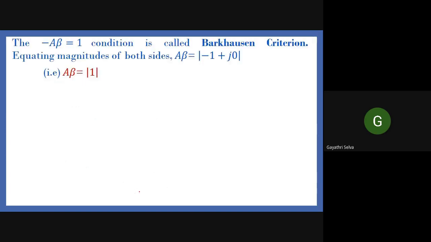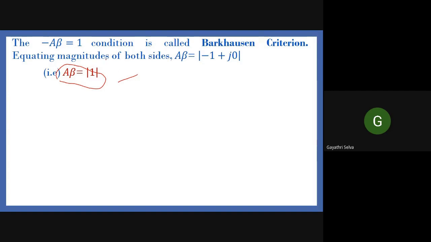Or else, taking the magnitude on both sides, taking the real part and imaginary part alone and taking the modulus, A beta should be equal to 1. The magnitude of your loop gain should always be equal to 1. This condition is referred to as the Barkhausen criterion.